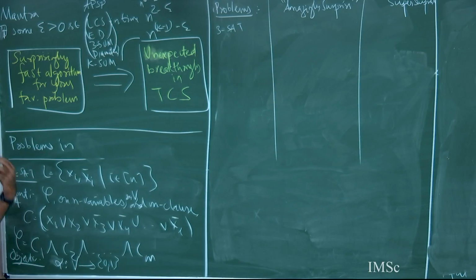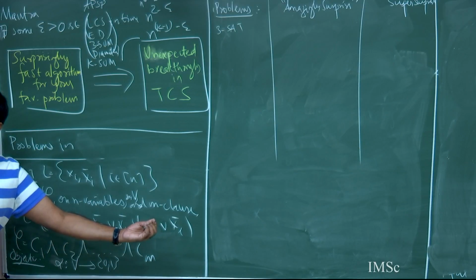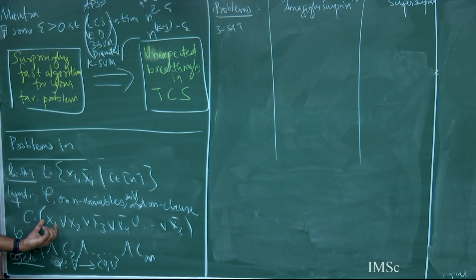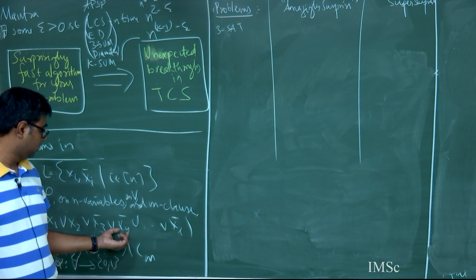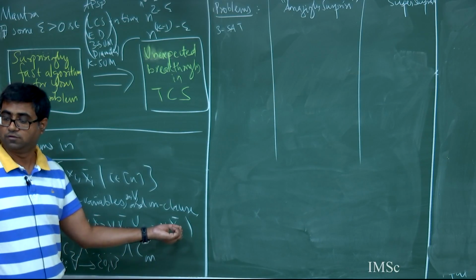So what does it mean? If I set xi equal to 1, it means the literal xi is 1. If I set xi equal to 0, it means xi bar is 1, right. Now look at each clause, and a clause is satisfied if any of its literals is set to 1. So this clause C will be satisfied if x1 is set to 1, or x2 is set to 1, or x3 is set to 0, meaning x3 bar is set to 1, or x4 is set to 0, so x4 bar is set to 1, and so on, right.